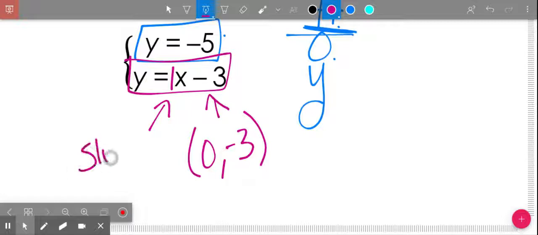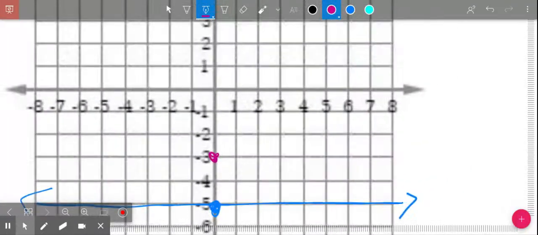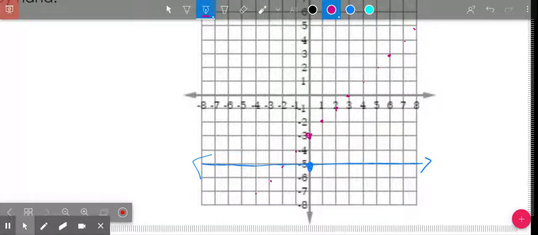That means I have to go up 1 and over 1, up 1 and over 1. So we're just going to plot those points. I like to plot all my points, that way I just have a nice straight line, especially when I'm trying to graph on the screen like this.